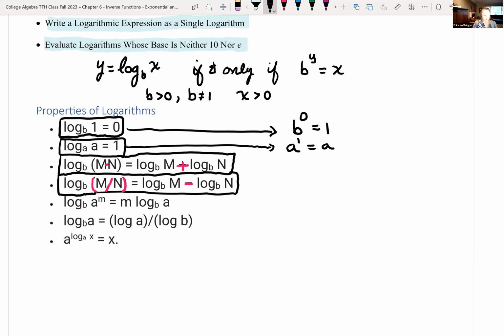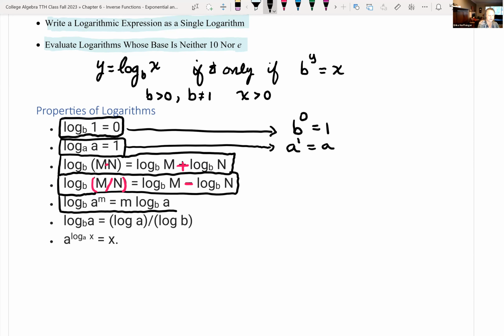The next one that we have is if we have log base b of a raised to the m power, then what we can do is we can bring that m down in front of our logarithm, and that would be m times log base b of a.